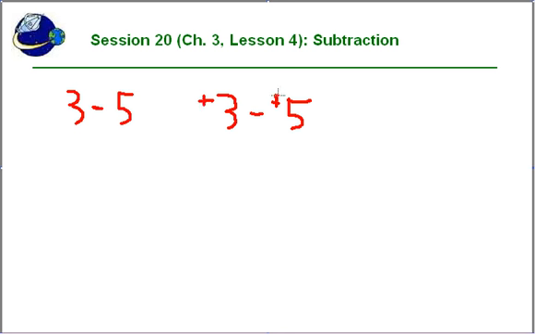Well, let's see now if we can solve this straightforwardly by using our particle-antiparticle illustration from before. Our positive 3 is going to be represented by the three particles, the three circles. But over here, we also have a positive number, 5. How can you take 5 particles away from 3?